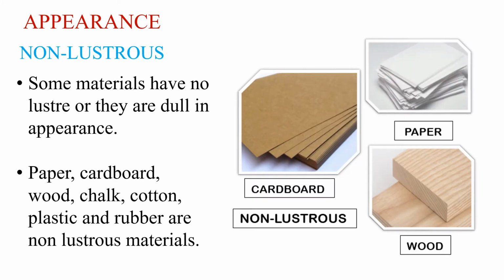If we talk about wood or plastic, they look dull or non-shiny. Some materials have no luster or they are dull in appearance. Paper, cardboard, wood, chalk, cotton, plastic and rubber are non-lustrous materials.